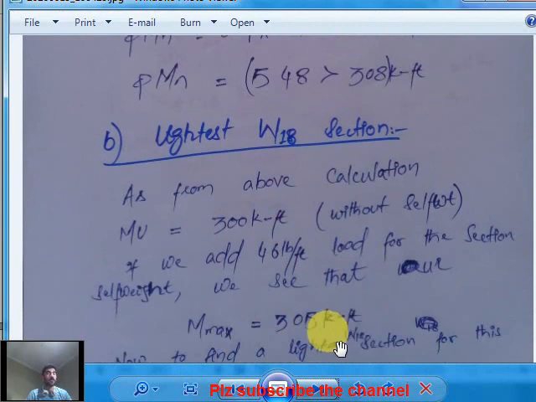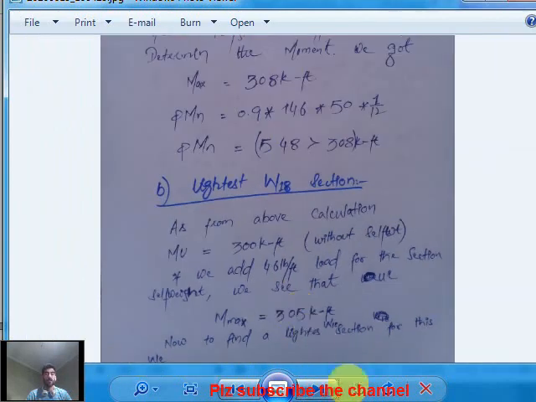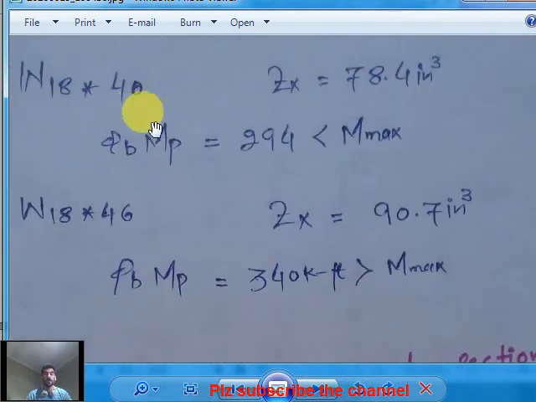I did this. Now to find the lightest W18 section, for this we need what? W18x40 having a ZX of 78.4, okay, and its moment capacity is 294, which is less than Mx, so this section will be rejected. W18x46 having a ZX of 90.7 has a moment capacity more than your Mx, that is 305.